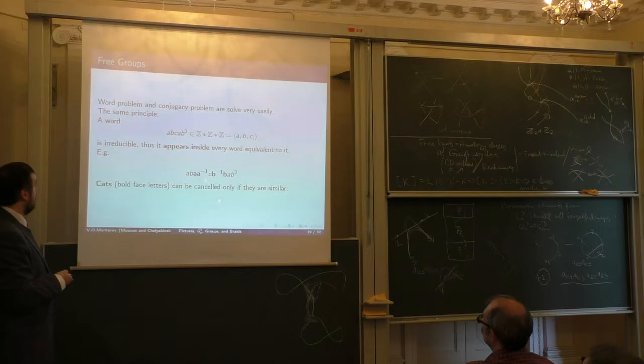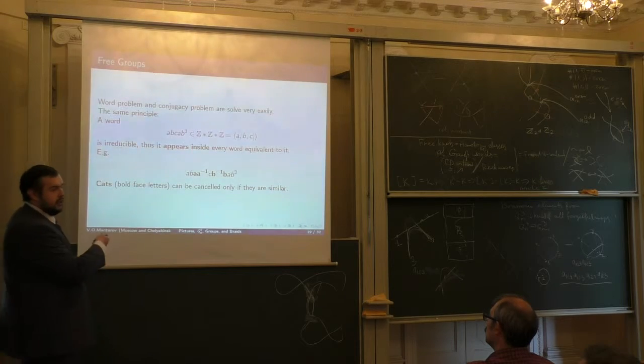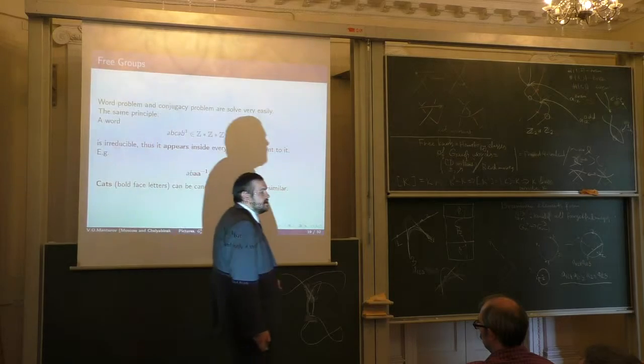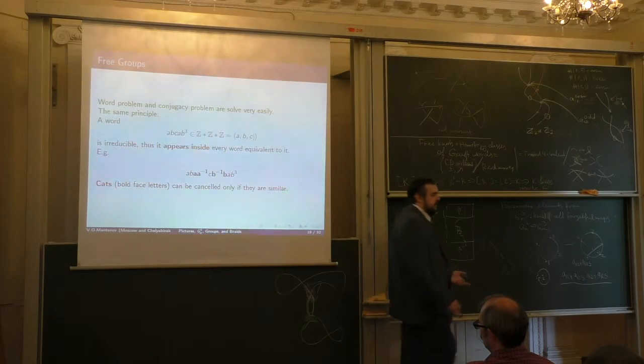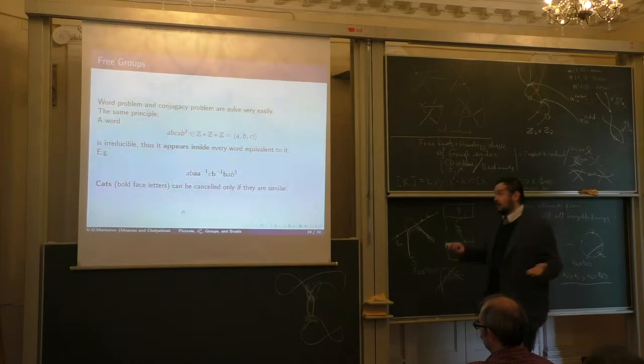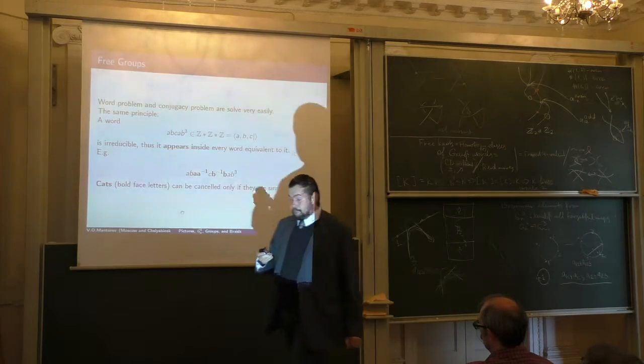It is not literally inside. By inside I mean that if I just remove several letters, I will get the initial word. So we have two words, and one can be obtained from the other by deleting several letters. Of course, this gives very obvious estimates and very obvious complexity and many other things. For free groups, everything is obvious.